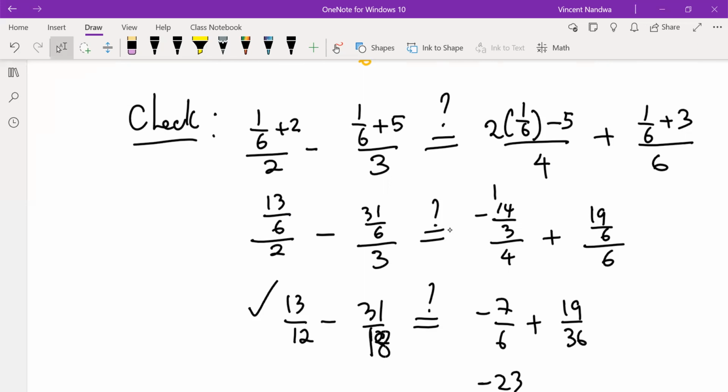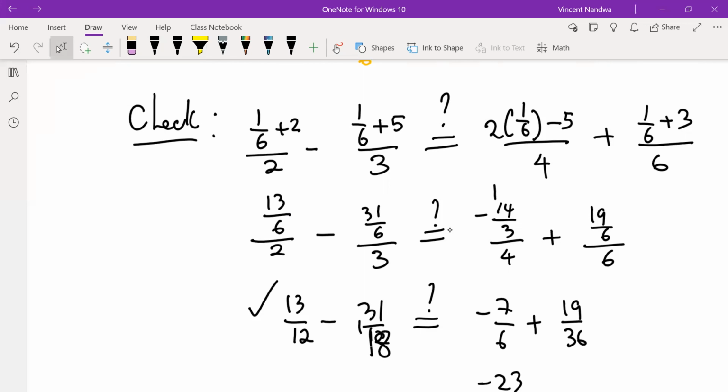We have 1 over 6 plus 5, which gives us 31 over 6, so when you divide by 3, this one should be 18, not 12.